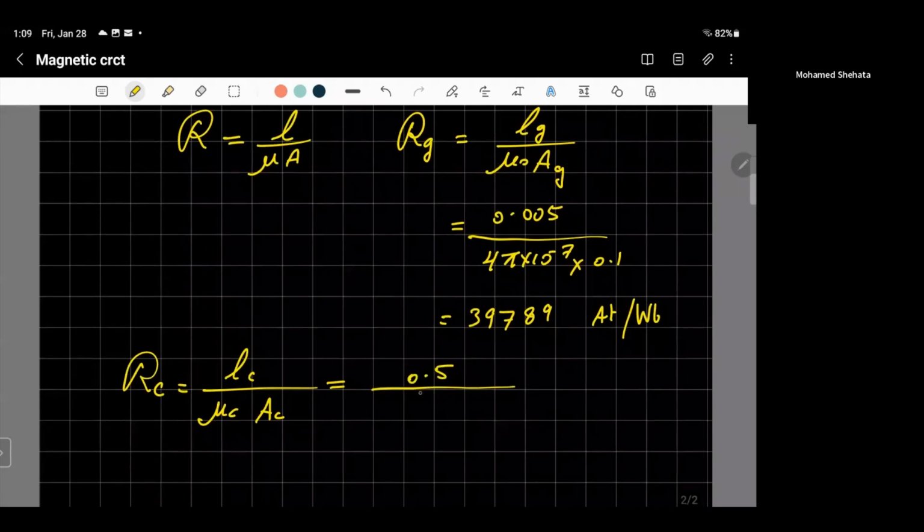We calculated the mu total, it was 0.0032, and the area is the same, 0.1. That's the reluctance for the material, 1563 ampere turn per Weber. So I got both reluctances. Very easy. L over mu A.